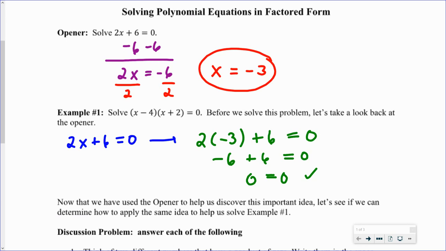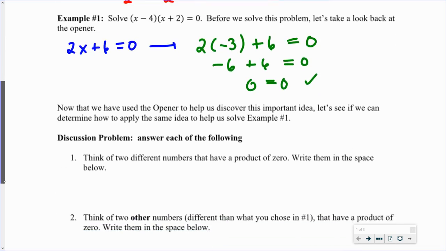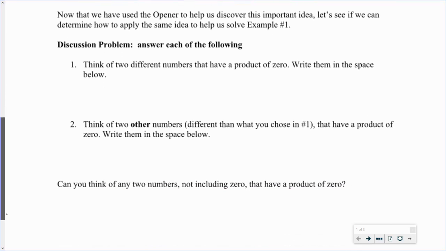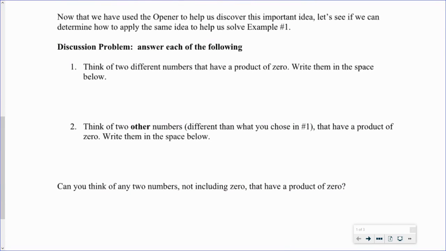And that's something that we want to keep in mind as we work our way through the rest of this lesson. So I'm going to scroll down a little bit further here, and we're going to take a look at this discussion problem. Number 1 says, think of two different numbers that have a product of 0 and write them in the space below.